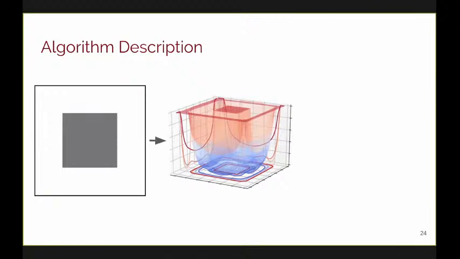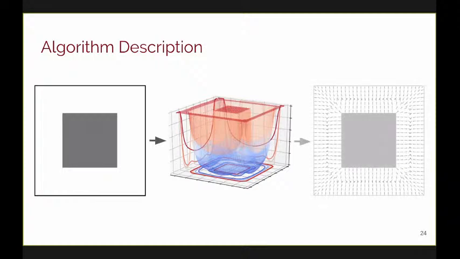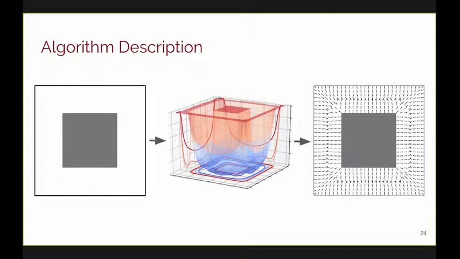And you can see that the obstacle and the boundaries are the highest point, and the lowest points, the minima, are the most advantageous positions for the user to be in. And from there, we can create a gradient map of this artificial potential function, where for each location within this physical environment, we can take the gradient at that point, and that will be the direction which is most advantageous to steer the user.